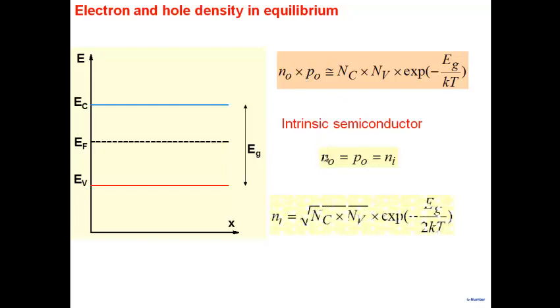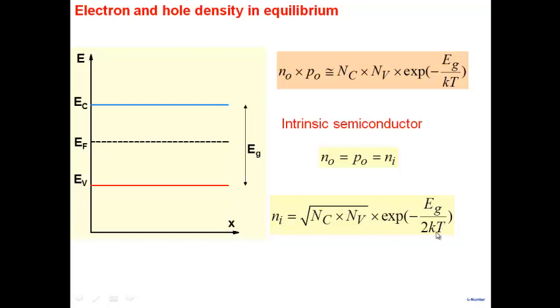If I put this into the product term, it tells me what Ni is. For a pure semiconductor, the electron density is equal to the hole density, equal to the intrinsic carrier concentration, and its value is square root of NC NV exponent minus Eg by 2kT. So one can determine Ni if I know NC, NV, and Eg. Ni is a very strong function of temperature.